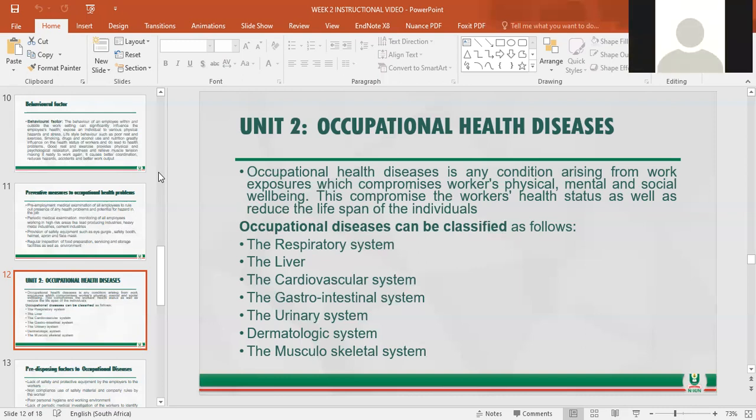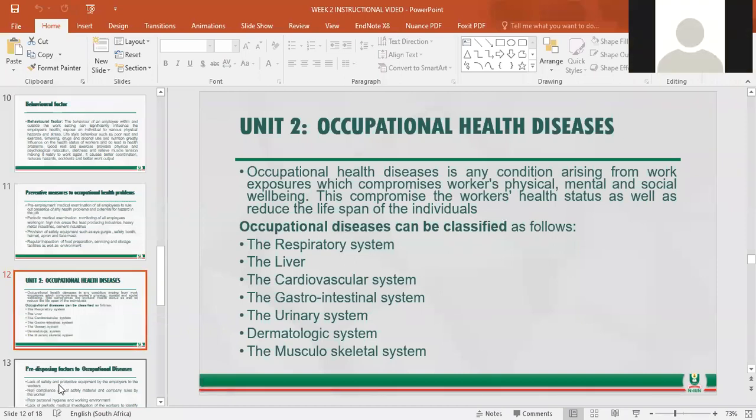So when you say occupational disease, it is classified under each of these systems. As we know, each of the systems has a lot of ailments that can be under them, and she mentioned some of them earlier, when you talk of the TB. Yes.